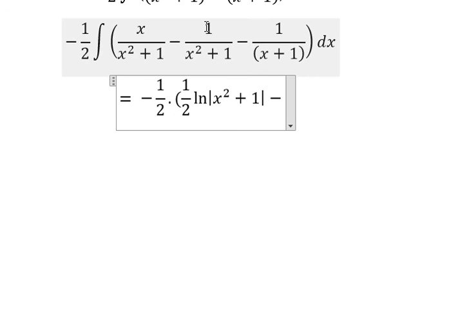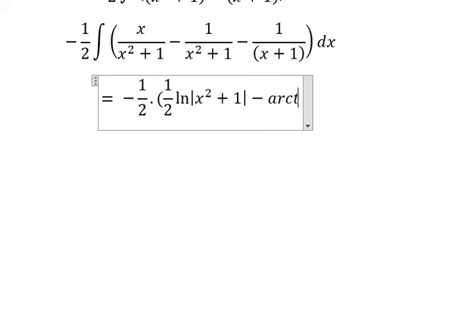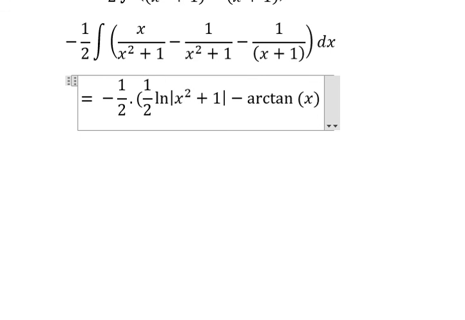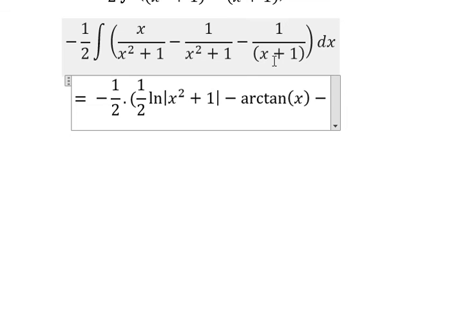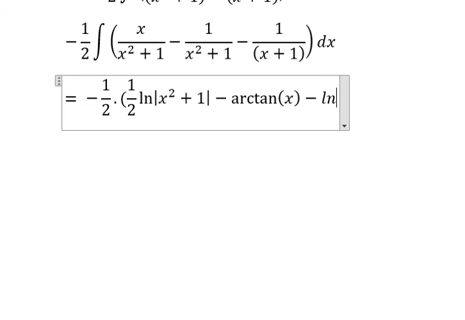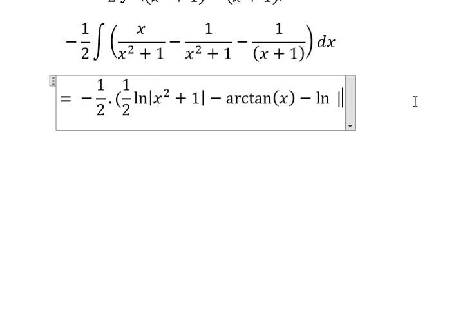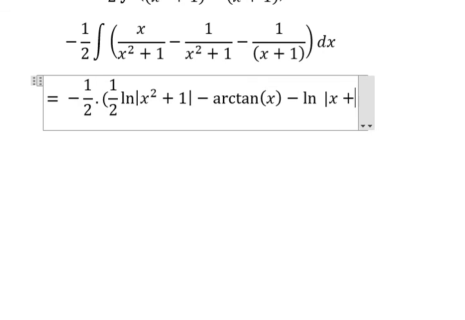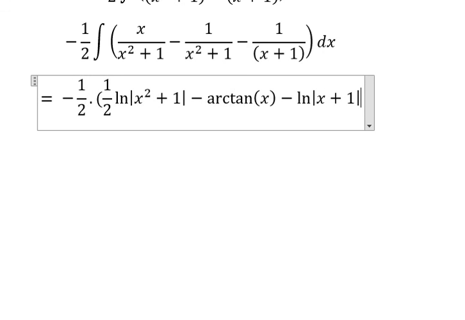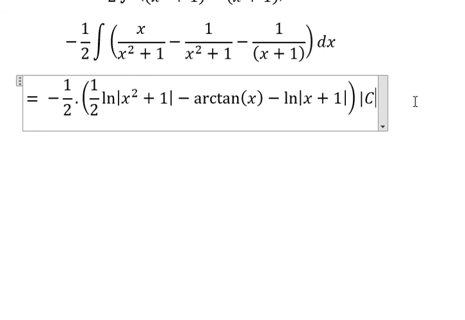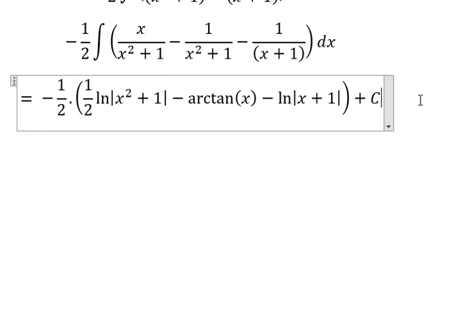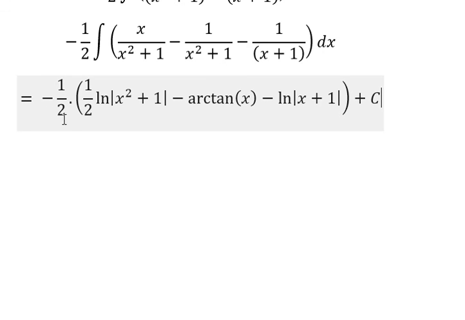The integral of 1 over x squared plus 1 is arctan of x. The integral of 1 over x plus 1 is the natural logarithm of the absolute value of x plus 1. And then we multiply by negative 1 over 2.